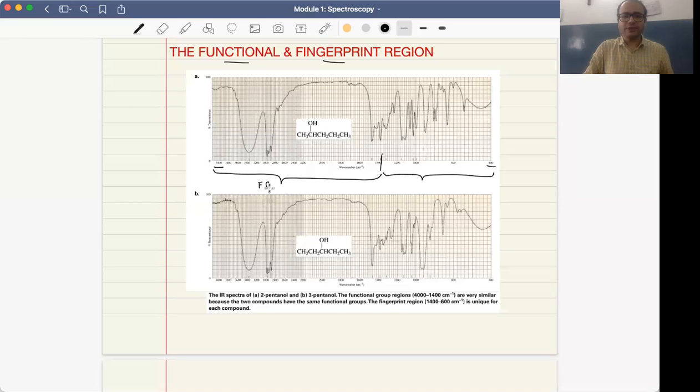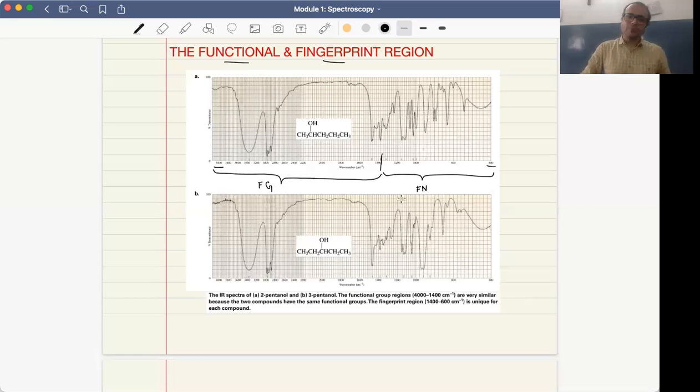So we have a functional group region, which is the first part, that is 4,000 to 1,400 centimeter inverse. The second part is your fingerprint region. I am representing fingerprint as Fn. So you have a functional group region, and then another region is your fingerprint region.